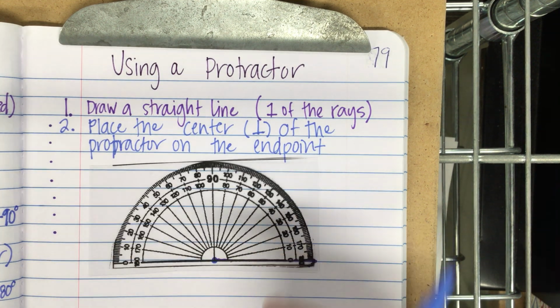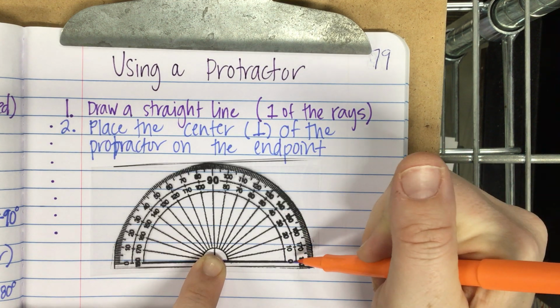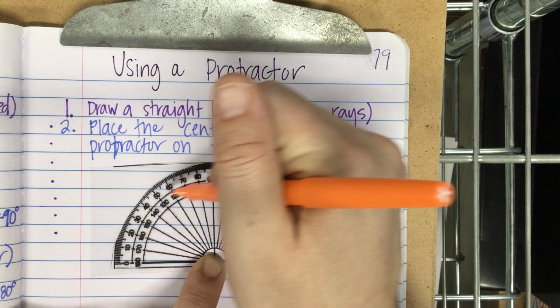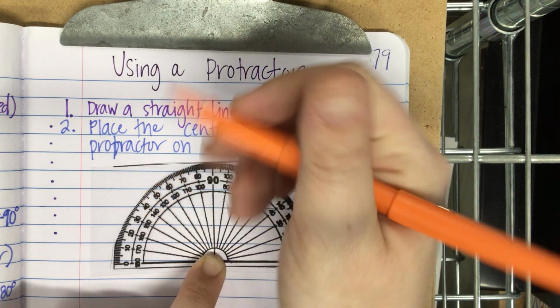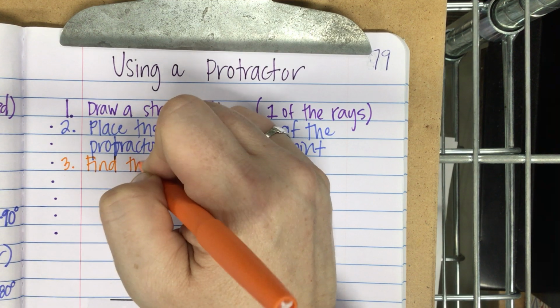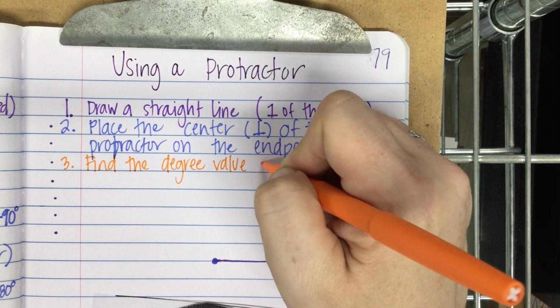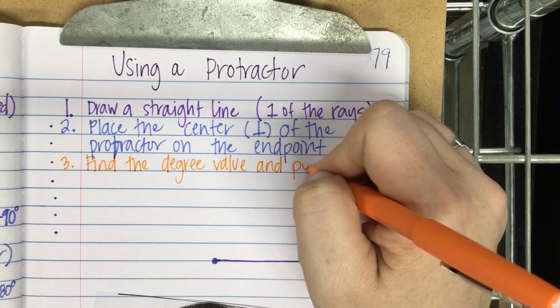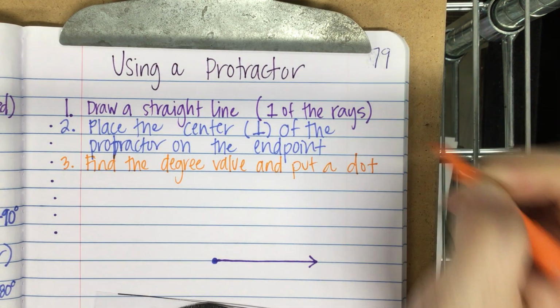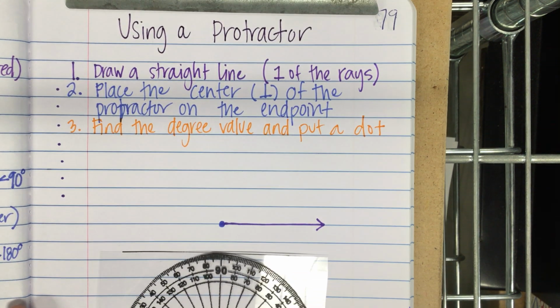If I want to create an angle, I'm going to find the value and place a dot. So my step number 3 is find the degree value and put a dot.